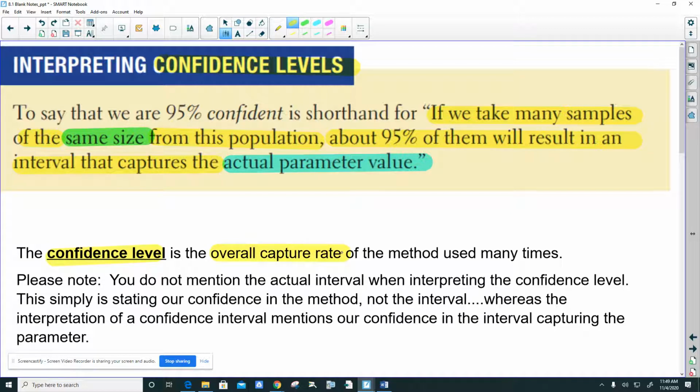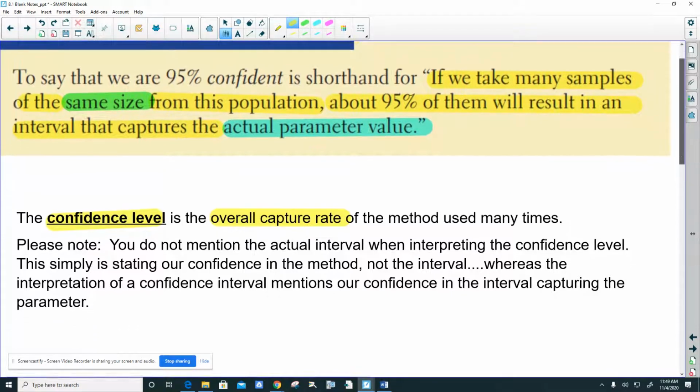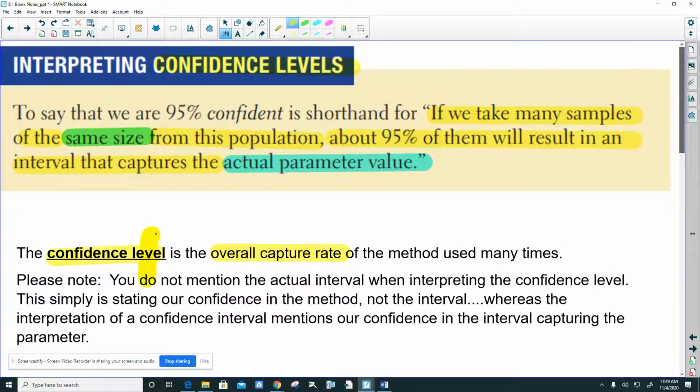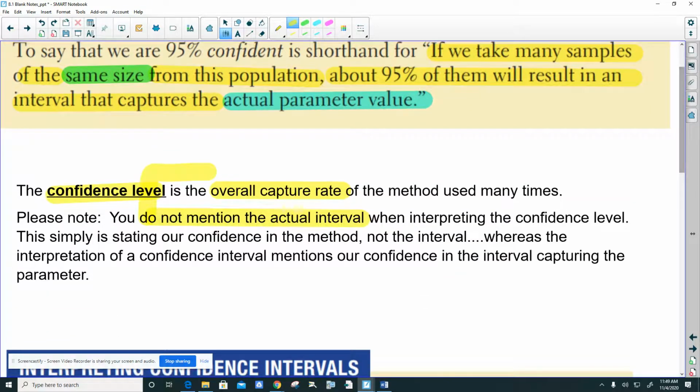Notice that in our interpretation for a confidence level, we do not mention the actual interval itself. We're just stating that if we were to do this repeatedly of the same sample size, we're expecting that percent of the intervals to capture the actual parameter.